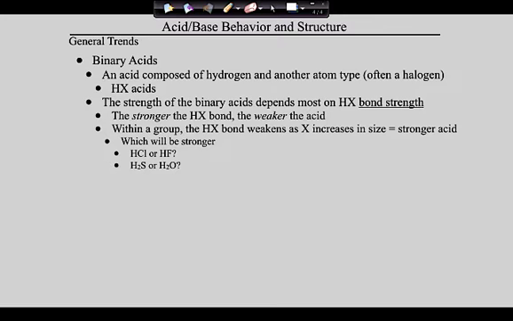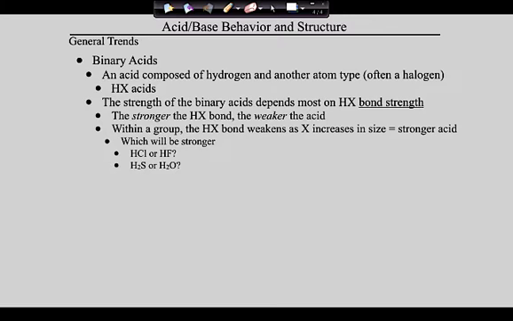So guys, let's take a look. So here we've got oxygen, water. Here we've got sulfur. So which one's going to be the stronger acid, H2O or H2S? H2S. Sulfur is bigger than oxygen, so the bonds that sulfur forms with hydrogen will be weaker, and consequently they will fall apart more easily, so H2S is a stronger acid.